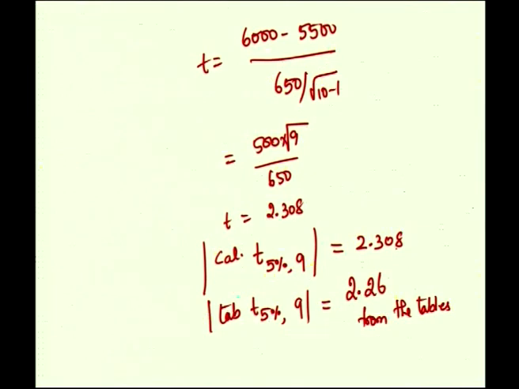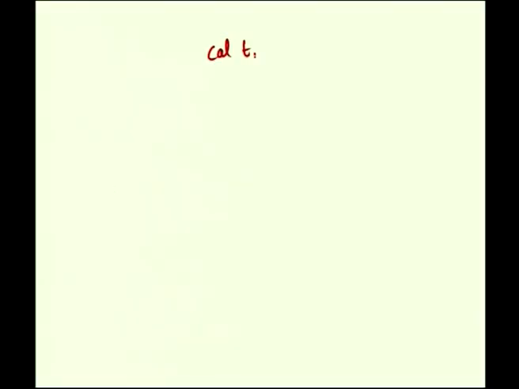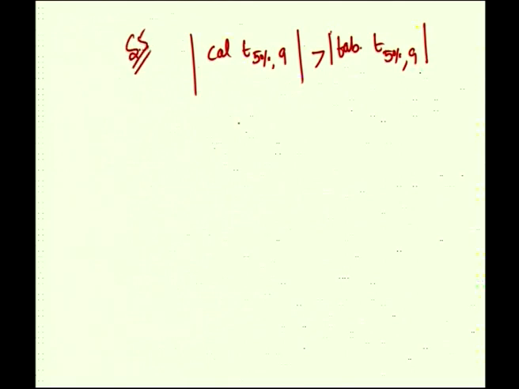So, the calculated value is greater than the tabulated value, therefore H naught is rejected. Calculated T at 5% comma 9 degrees of freedom, within modulus, is greater than tabulated T at 5% comma 9 degrees of freedom. This is actually step 5, conclusion based on comparison. So therefore H naught is rejected.